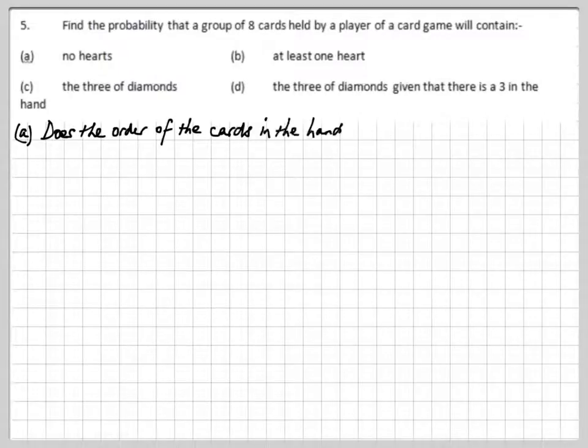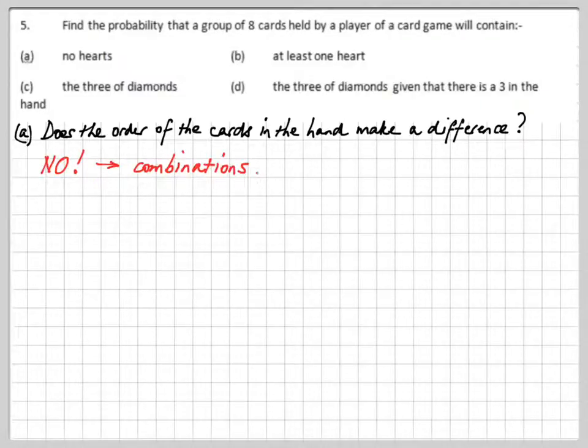The first thing you've got to ask yourself is, of course, I forgot, does the order of the cards in the hand make a difference? Well, no, of course it doesn't. So therefore, we've got combinations. That's the first question you always need to ask. So, for this one, if we had no hearts, how many cards in the deck have we got available at our disposal to choose from?